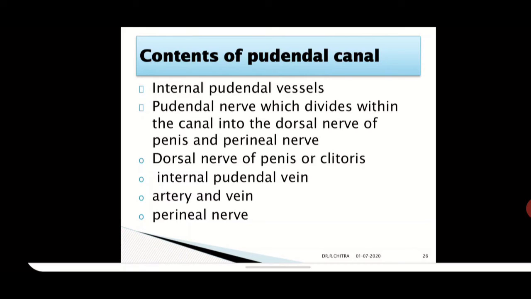PINCH structures means pudendal nerve, internal pudendal artery, internal pudendal vein and pudendal nerve. So, internal pudendal vessels, pudendal nerve and dorsal nerve of penis or clitoris; internal pudendal artery and vein, and perineal nerve.